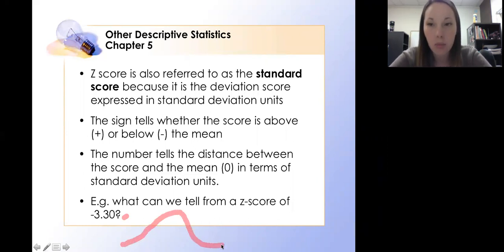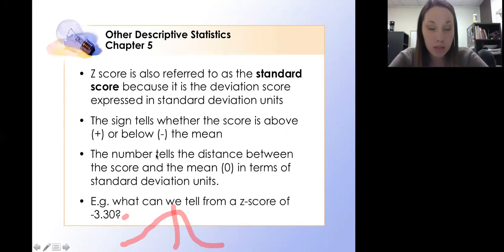Okay, so there's our bell curve. Here's our mean, so that's in the center. If you've got a positive Z-score, it's going to fall above the mean, so it's going to fall somewhere over here. If you've got a negative Z-score, it's going to fall to the left of the distribution. So the sign of the Z-score is very important.